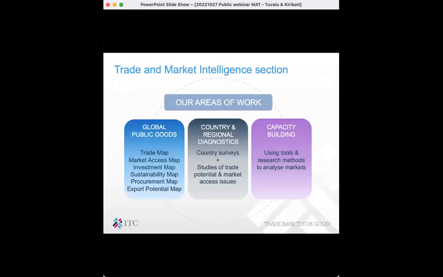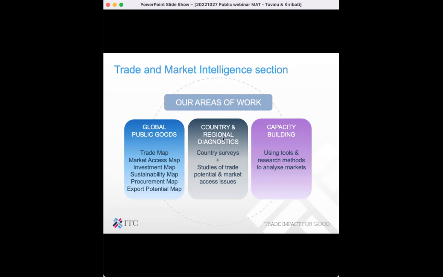I'll go also quickly over this one, just to show you an example of everything we do. What we will be talking about today is the global public goods. It's the pillar that you see here on the left. It's all the different tools of information that we offer freely available, and you only need to register for one to be able to access everything at the same time.